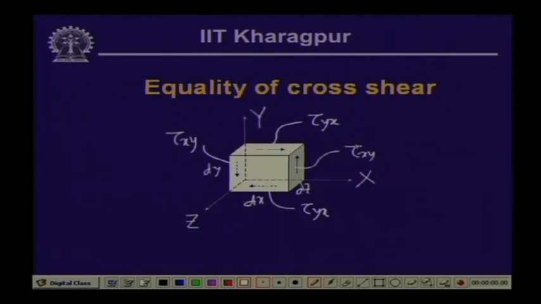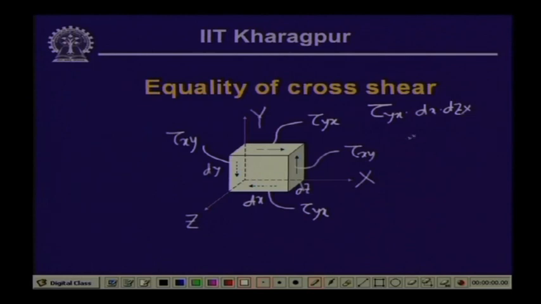then the moment expression can be written as tau yx is the stress acting on the area dx by dz. So, tau yx multiplied by dx multiplied by dz is the force. Moment about z axis is the distance dy.